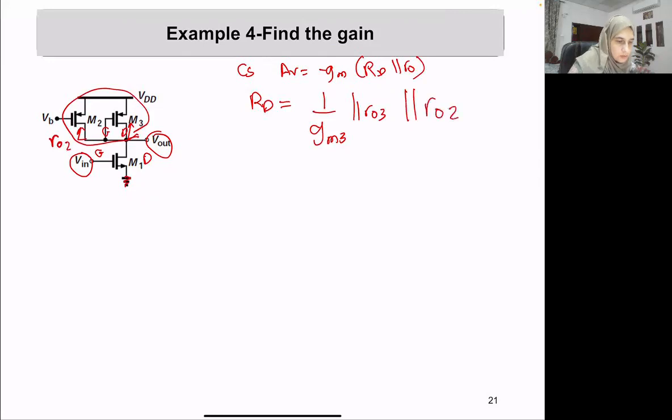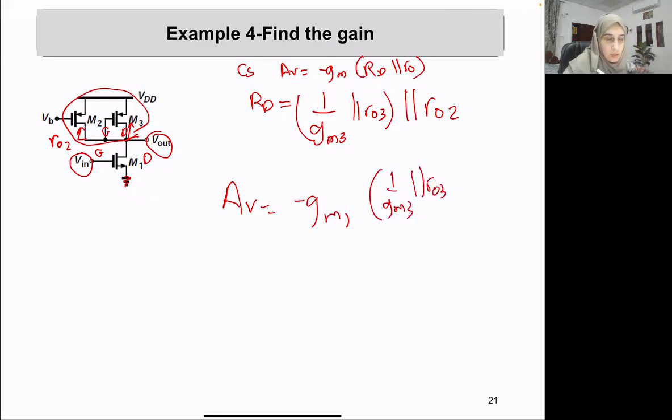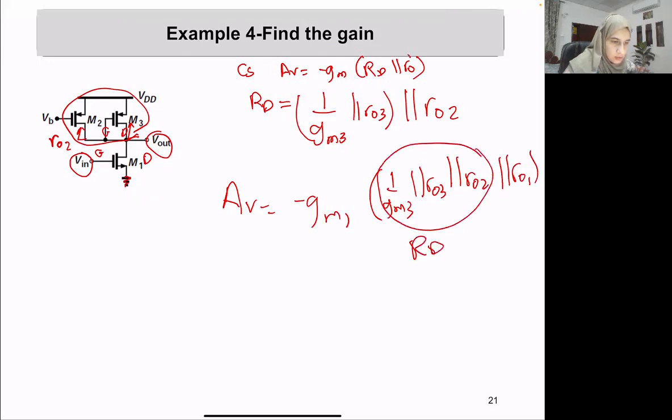Therefore, the entire impedance is in parallel with the R out 2. So the gain of this circuit is minus GM1 times RD, where RD is 1 over GM3 in parallel with the R out 3, in parallel with the R out 2, and in parallel with the R out 1. So all of this is just my RD, and this is the original R out 1.